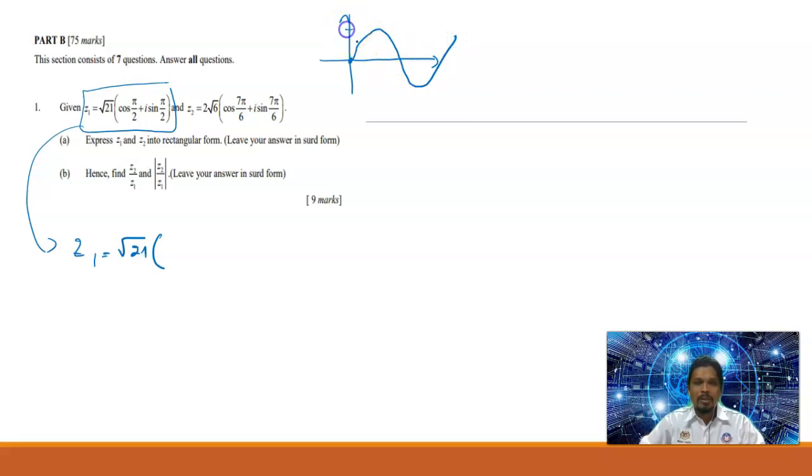The maximum of y equal to 1 and the minimum is negative 1. So pi over 2, then pi, 3 pi over 2 and here is 2 pi. So cos pi over 2 according to this graph is equal to 1, plus sin pi.